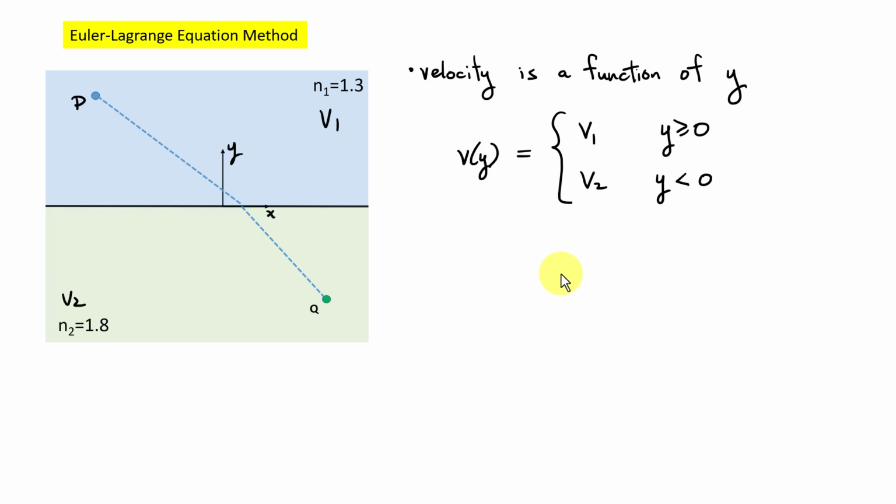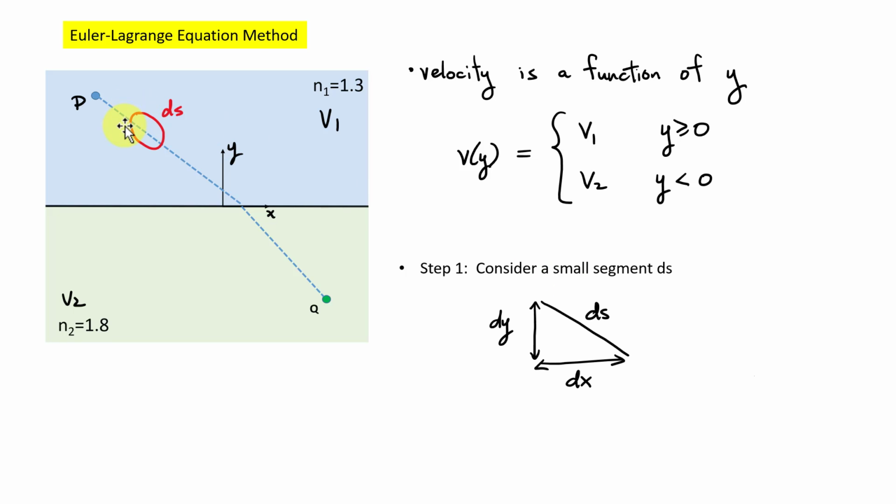Now, the next step is we're going to consider a small element of length right here. If I zoom in on that and I call that total length of that element ds, I break it down. It has a horizontal distance dx and a vertical distance dy.